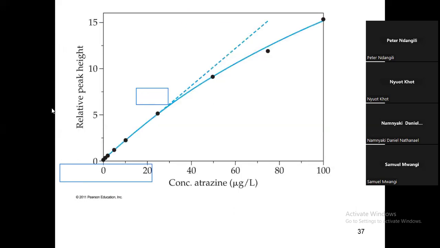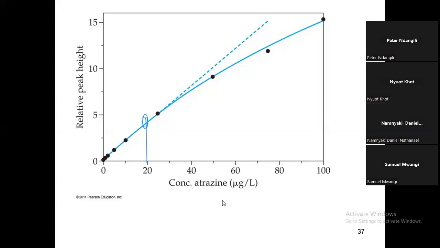When we talk about 20 microgram, 20 is here. So you actually go like this, and you realize that that value is within the linear range. If you read very well, you find that it is there, and it is within the linear range. If it is within the linear range, then the sensitivity is the slope of this line.